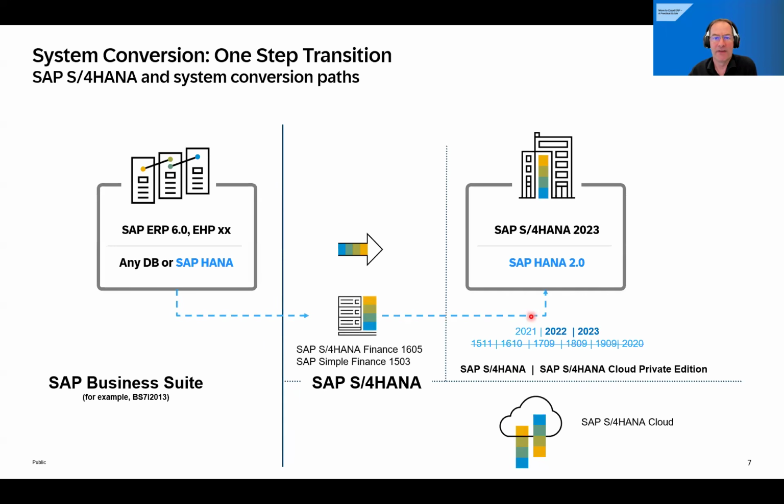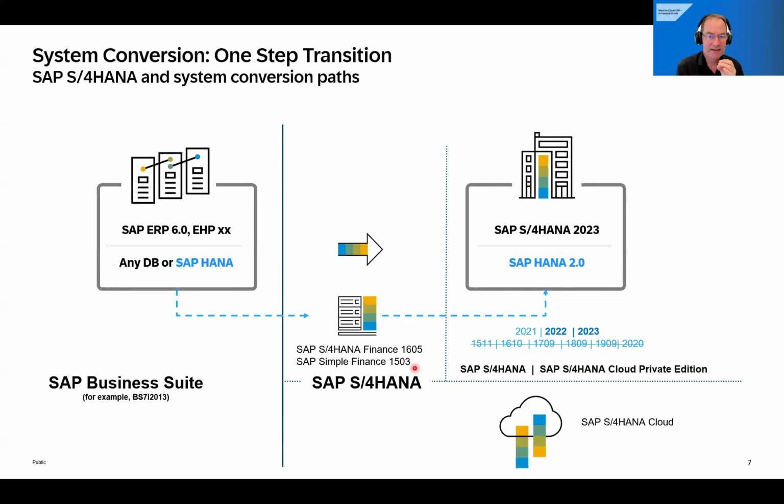Now, there are the early members of the S/4HANA family, called SAP S/4HANA Finance 1605 or even SAP Simple Finance 1503. Of course, they are not a valid target for a conversion, but if you have a source system on those releases targeting S/4HANA, the full-blown solution is what we call a conversion as well. Again, we call this a conversion because it's the transition to a new product line, a new product family.